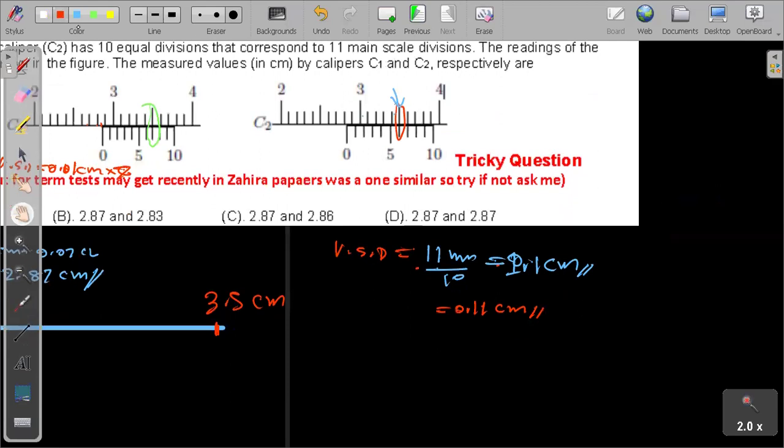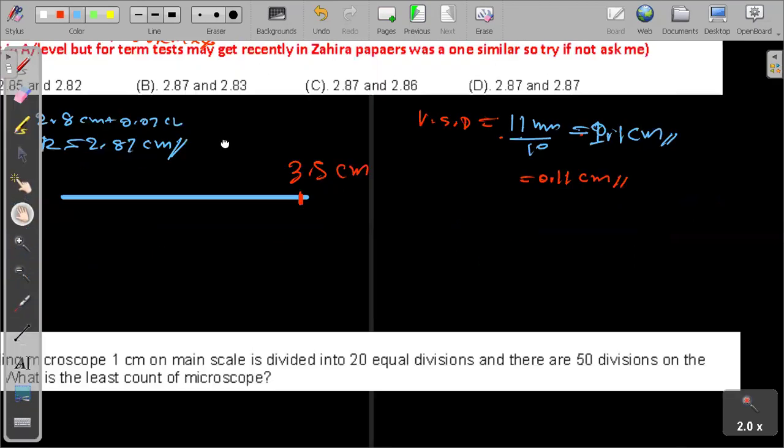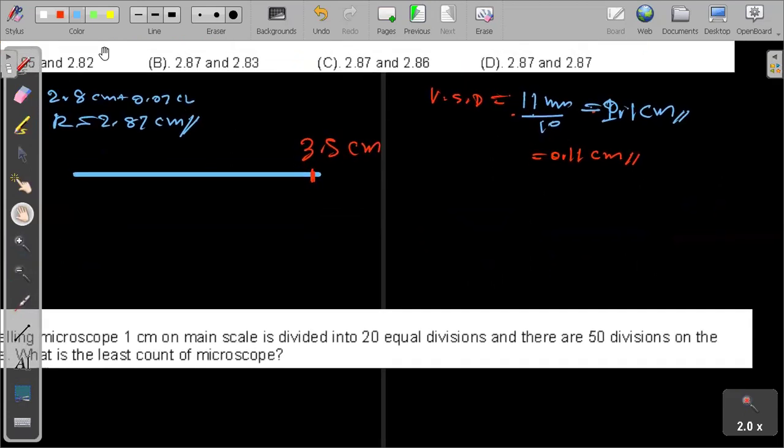Now have a look at where the vernier scale stops. The vernier scale has some 6 divisions gone from the visible color here.